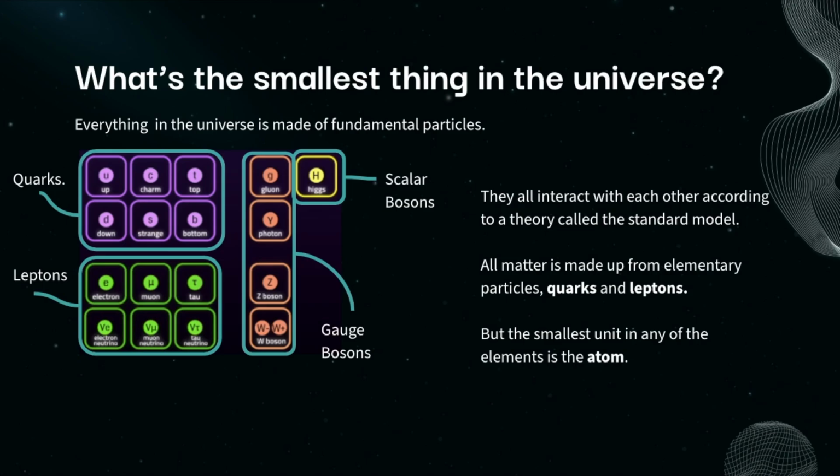And all matter is made up from these elementary particles, quarks and leptons mostly. And the smallest unit of any of the elements in the periodic table is the atom.